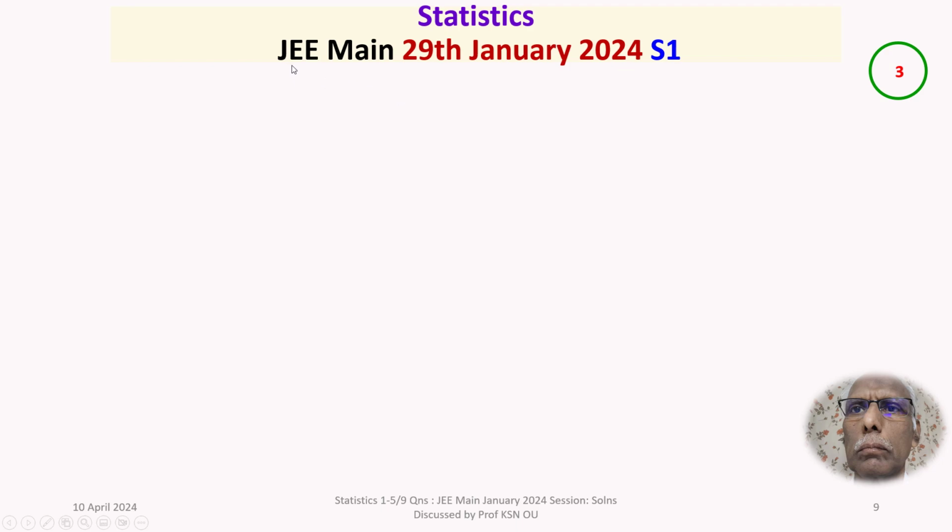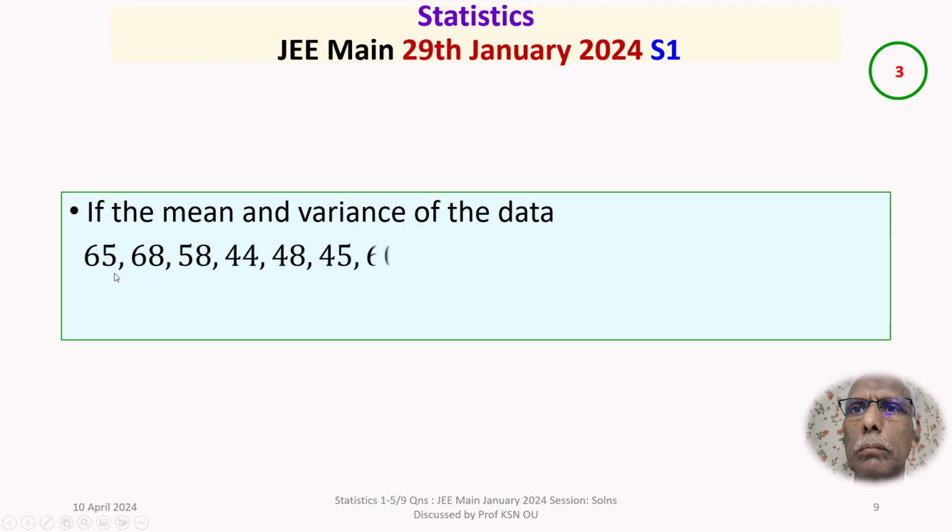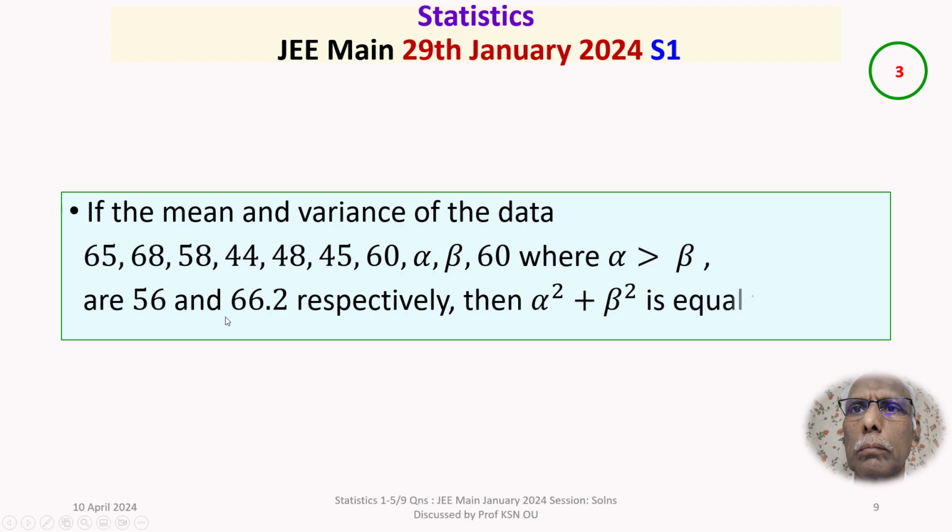This question has appeared in the JEE Main exam held on 29th January 2024 in the first shift. If the mean and variance of the data 65, 68, 58, 44, 48, 45, 60, alpha, beta, 60, where alpha greater than beta, are 56 and 66.2 respectively, then alpha square plus beta square is equal to.